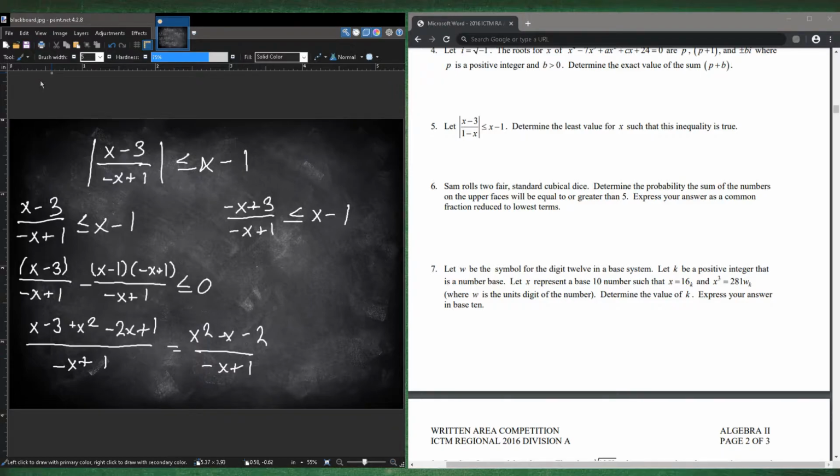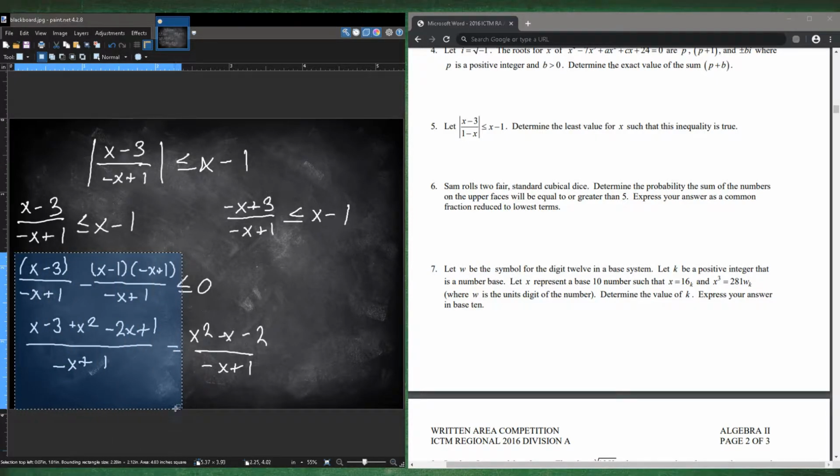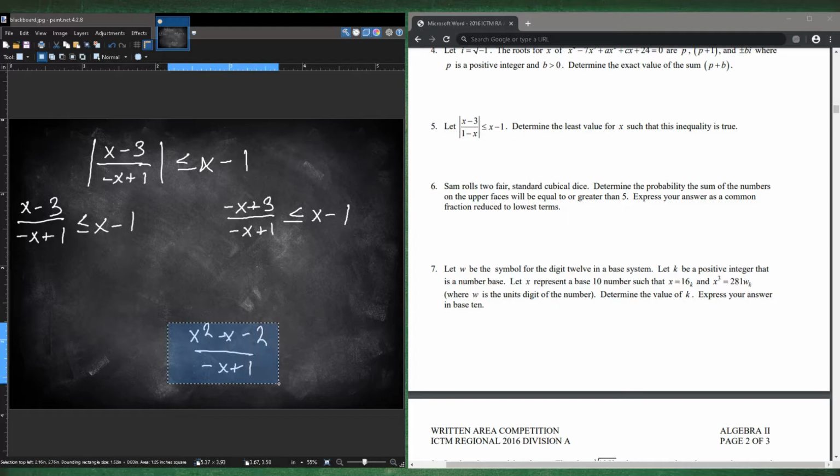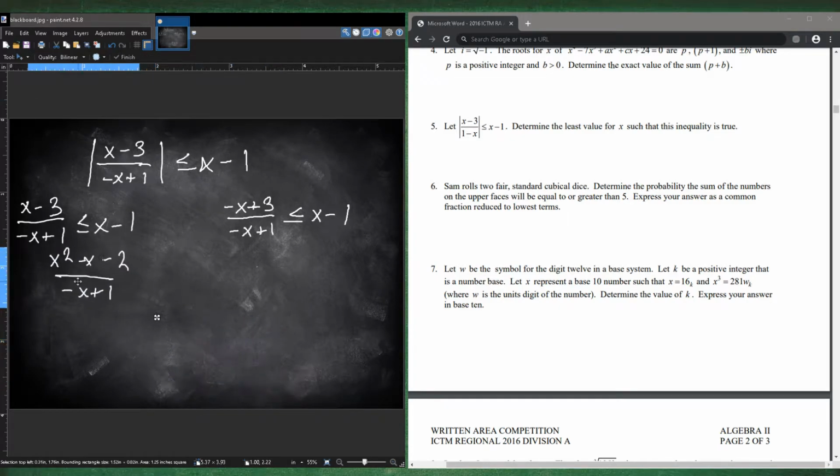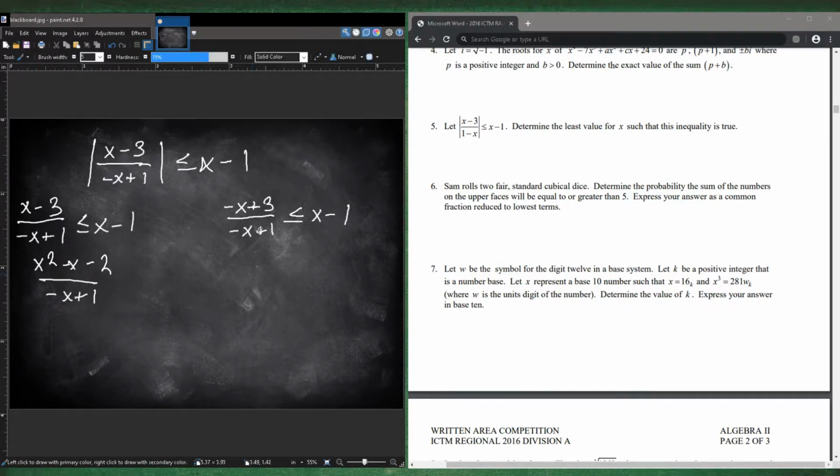Okay, so we find out what this all simplifies down to. Let's delete all this because I need the space. And let's do the other inequality now. So we're going to do the same thing. So negative x plus 3 over negative x plus 1 minus x minus 1 times negative x plus 1 over negative x plus 1, right?